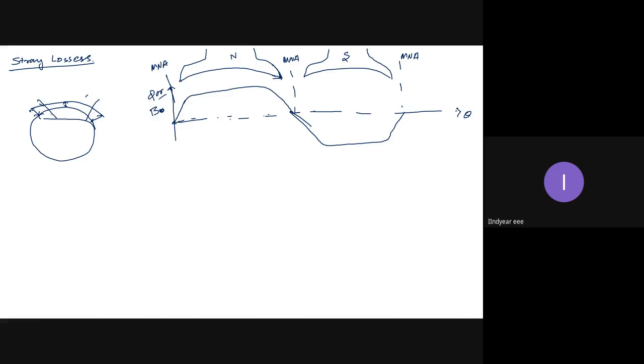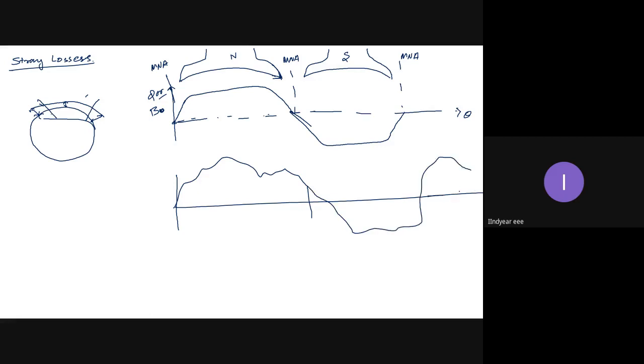Now, after armature reaction, when the armature flux reacts with the main flux, it will distort, and it will be the wave. As a result of this distorted waveform, this is called harmonically affected wave.